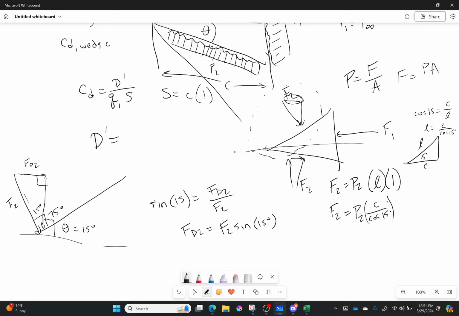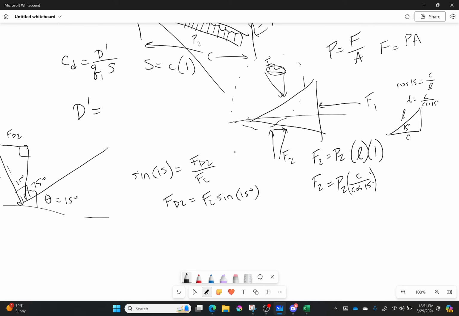That is starting to look pretty good. As a note, I could leave it in terms of the angle theta if I wanted to, but we have the angle, so why not use it? So I'm going to plug in what I have right here into my equation.